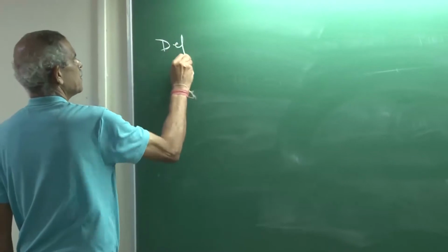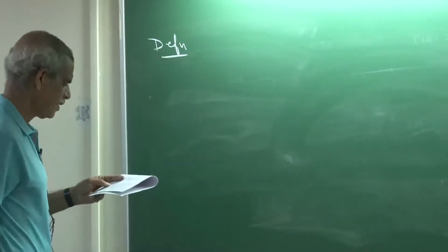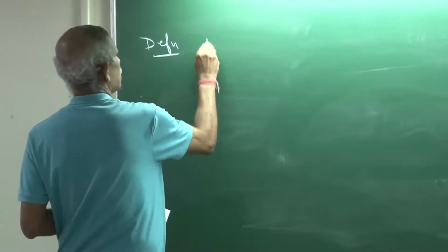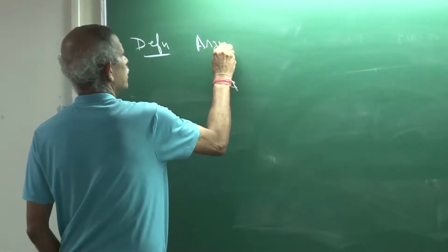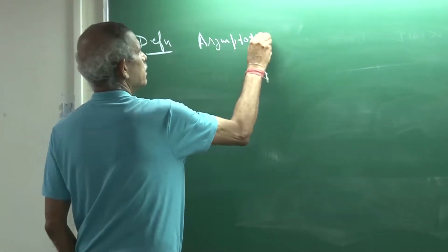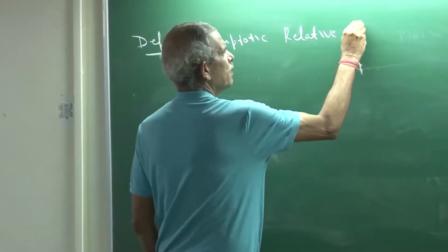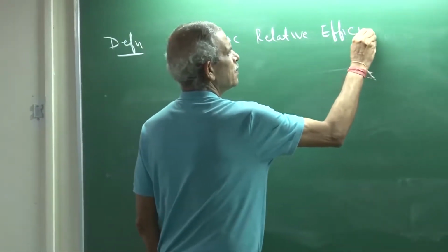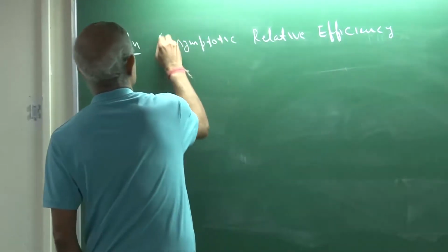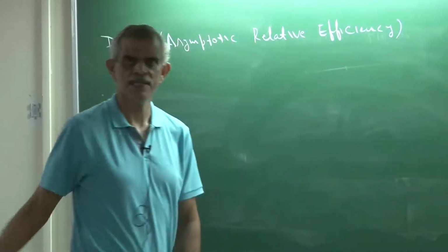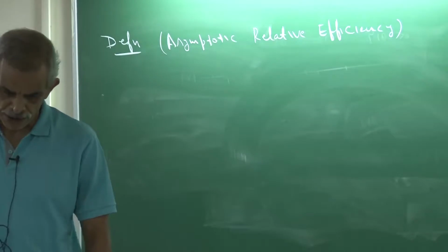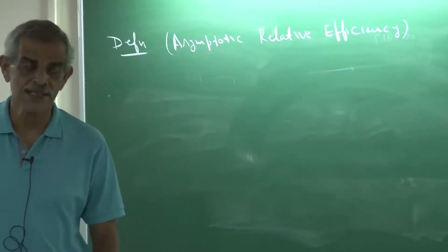So let me give the definition of asymptotic relative efficiency. We talked about limiting risk efficiency, which was efficiency in terms of a limiting risk.